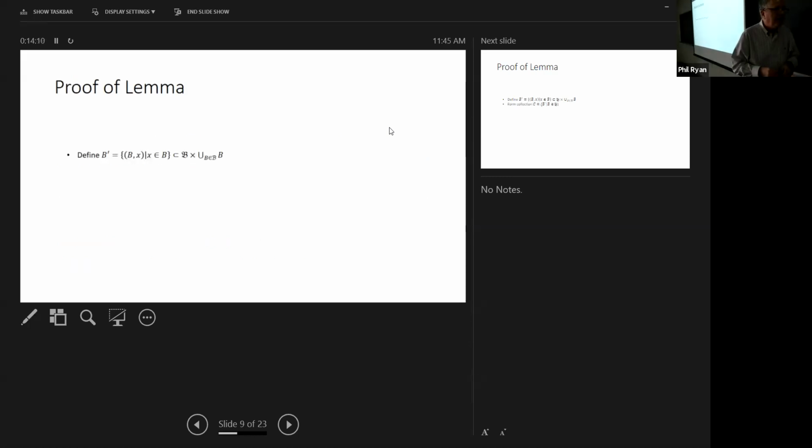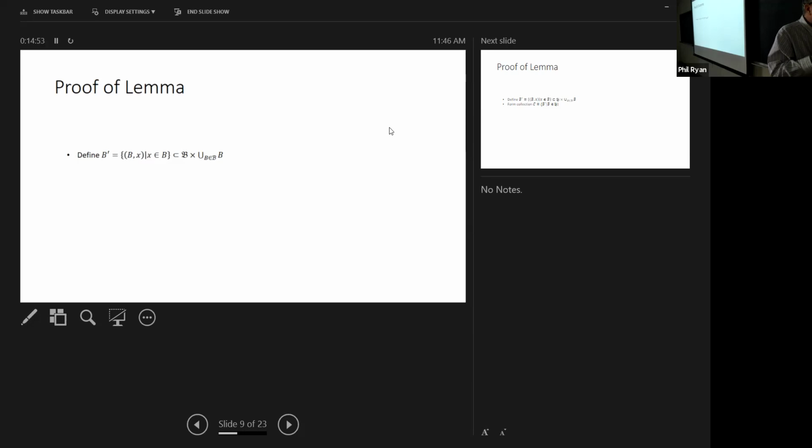Right, yes, here is the proof. Given an element B of our collection, let B prime be the set of ordered pairs (B, x), where B is our chosen element from the collection, and x is an element of B. So this is some subset across all the possible elements that we can have.